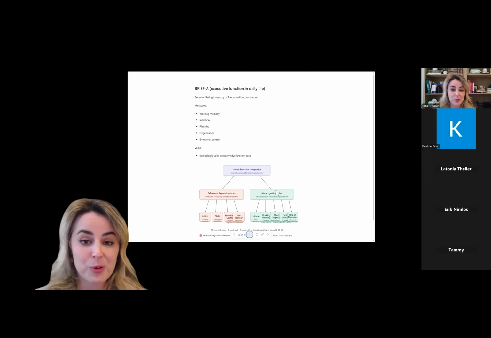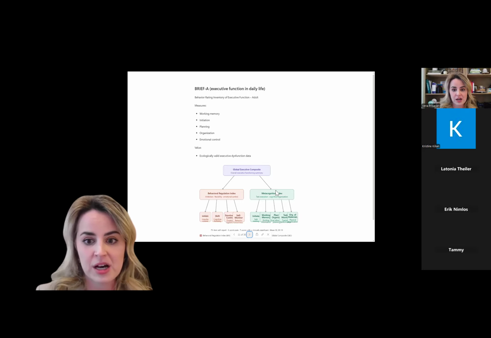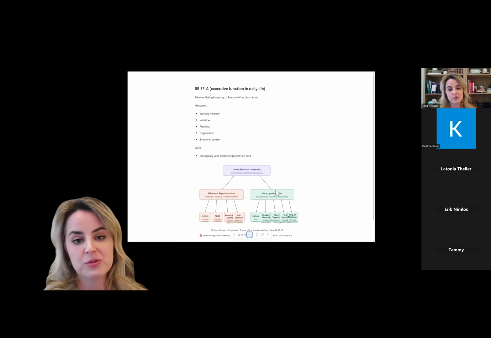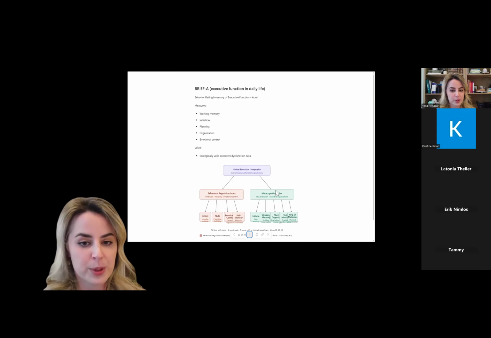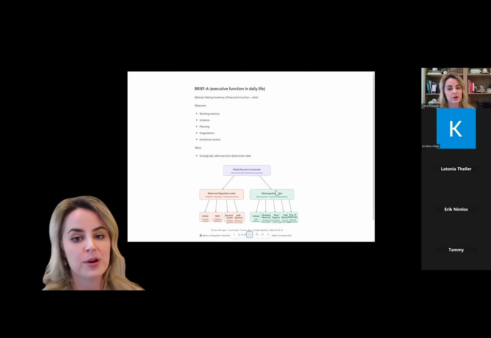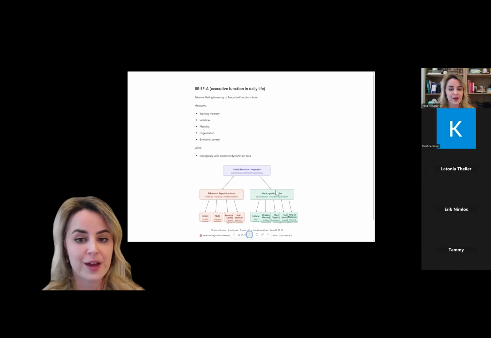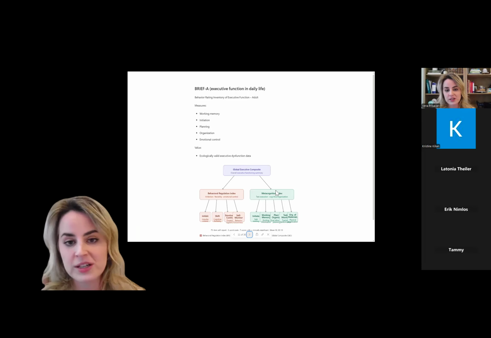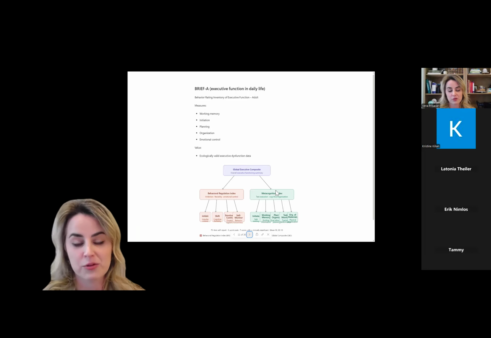Unfortunately, this one is proprietary, so you do have to purchase it. It's not freely available online, mostly used in research. If you read any primary research articles that mention BRIEF-A, they probably had some grant funding to help out with it. This is not one that you're going to commonly experience yourself when you go to a mental health provider.